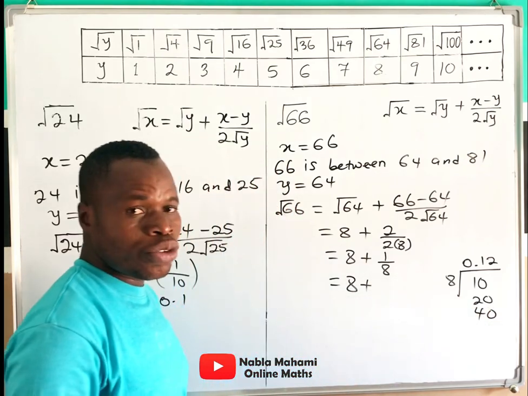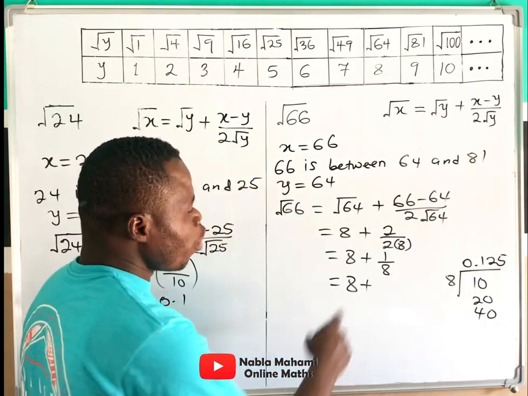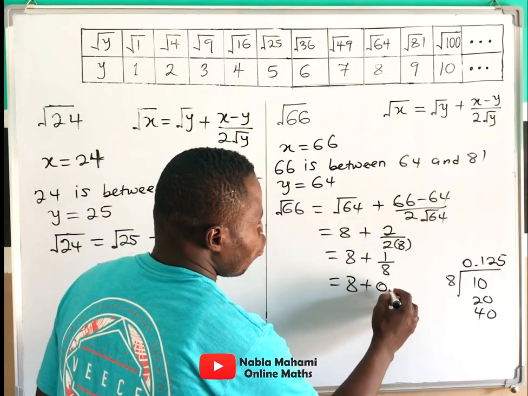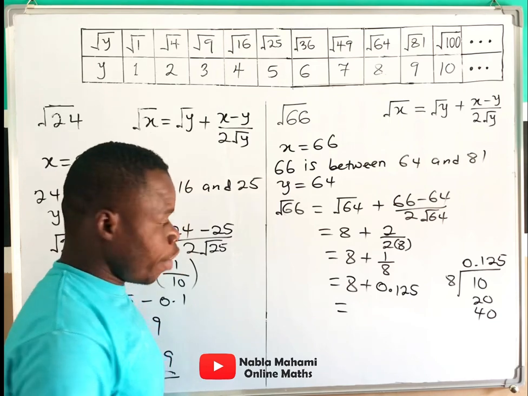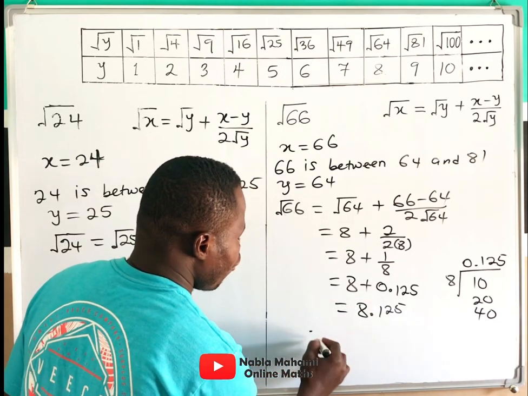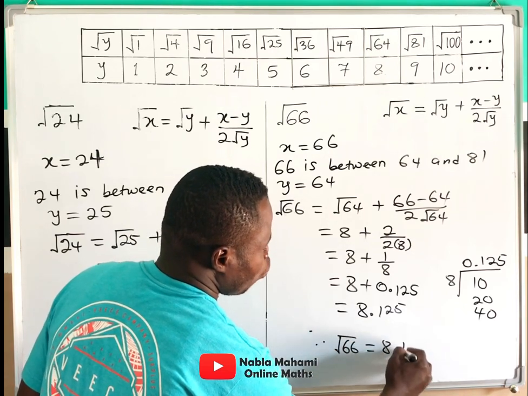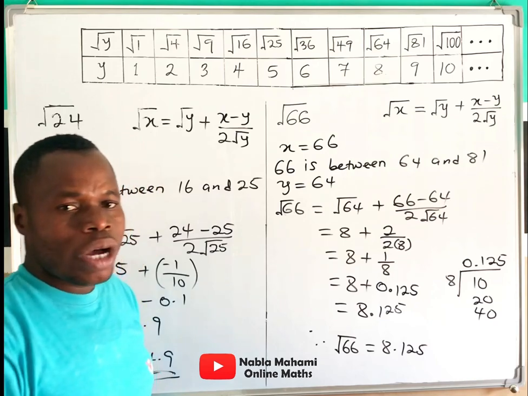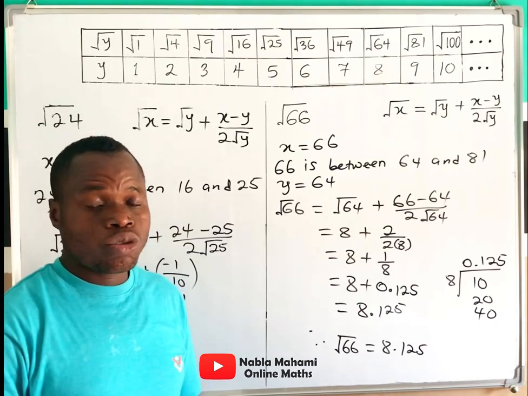How many times will 8 go into 40? 5 times, remainder 0. So it means that I'll stop here. Meaning 1 over 8 is 0.125. And 8 plus 0.125 will give me 8.125. Therefore, square root of 66 is 8.125. And this 8.125 is the approximate value of square root of 66.